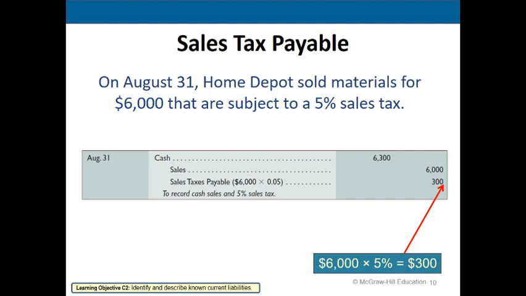They recognize sales revenue of $6,000, and they list the sales taxes they collect as sales taxes payable, and at some point they'll pay that out by debiting sales taxes payable and crediting cash. Usually you have to pay it over each month at some point.